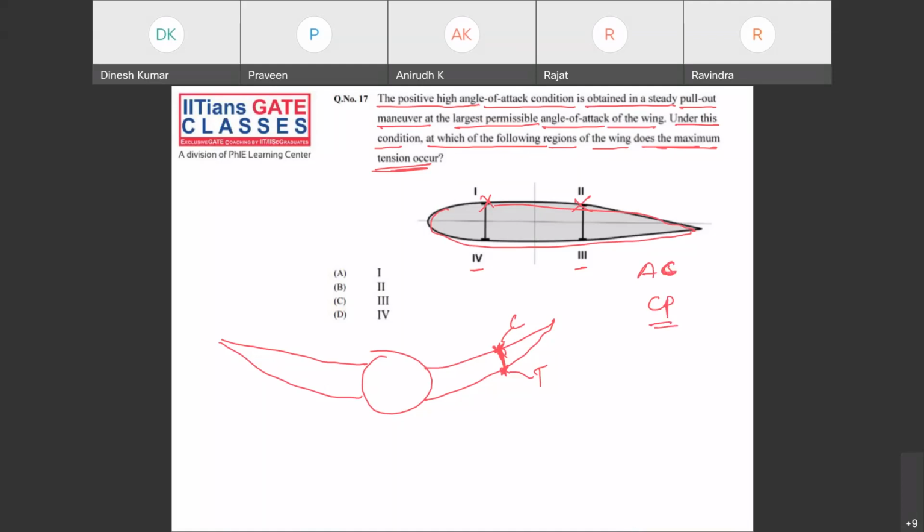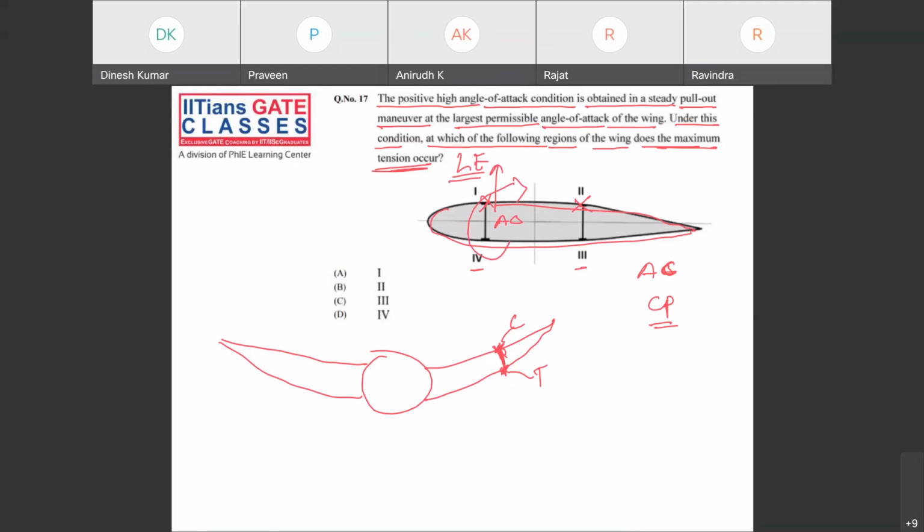We consider the lift acting through the aerodynamic center with a pitching moment. At the aerodynamic center we have lift plus pitching moment, because the aerodynamic center is a cross-sectional property. I have forgotten these flight mechanics concepts learnt long back.